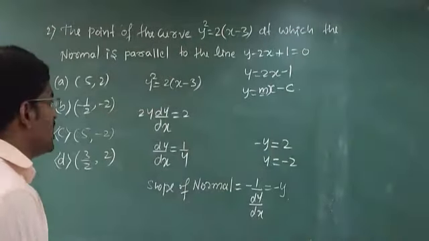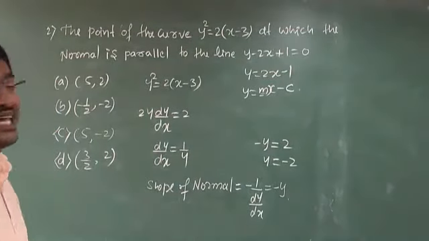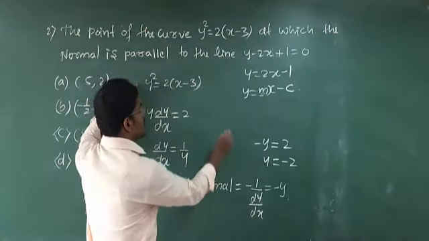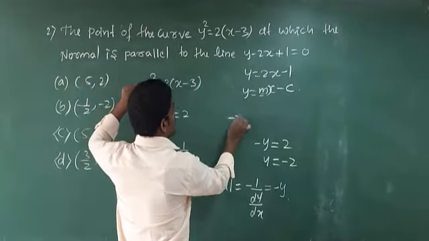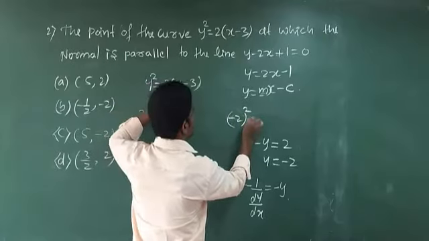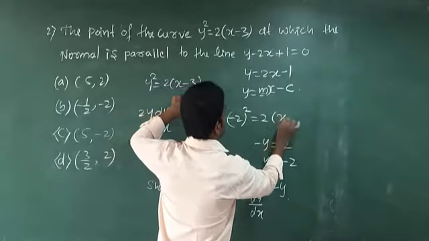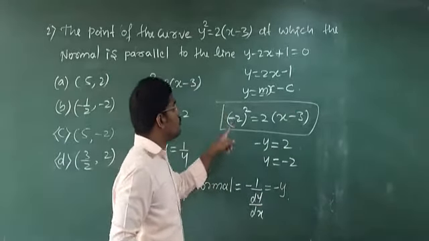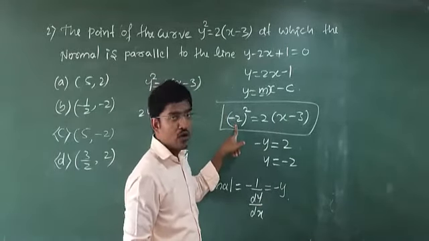Clear? So, if y equal to minus 2, then what is x? Let us find. Put in this equation. What you are going to get? Minus 2 square equals 2 times x minus 3. So you simplify this, 4. You are going to have 4. Clear?